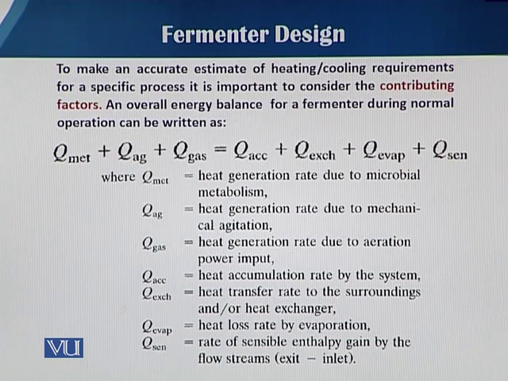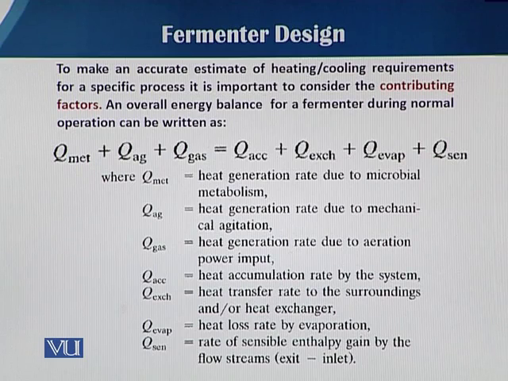Here Q met is the heat generation rate due to microbial metabolism. We know that when there is a metabolic process, heat is generated through the metabolic pathway of the cells. Then when there is agitation, there is a resistance, and as a result of the agitation, heat is produced.